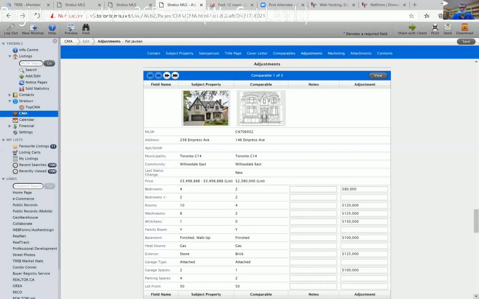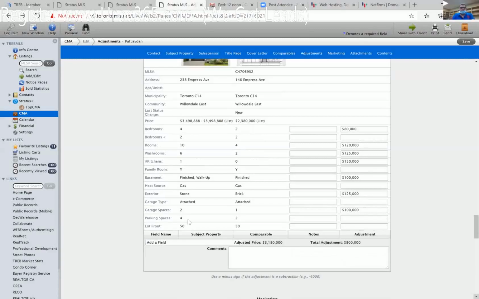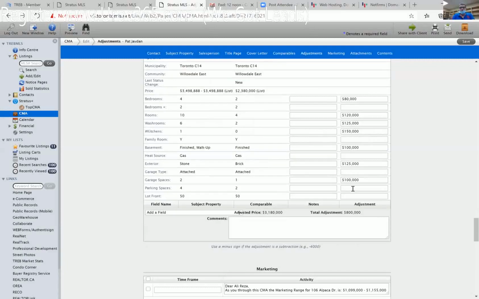Okay. Parking space 4-2. It means the driveway, landscaping, I will add all these things finally. For sure, this landscaping is at least 100,000.